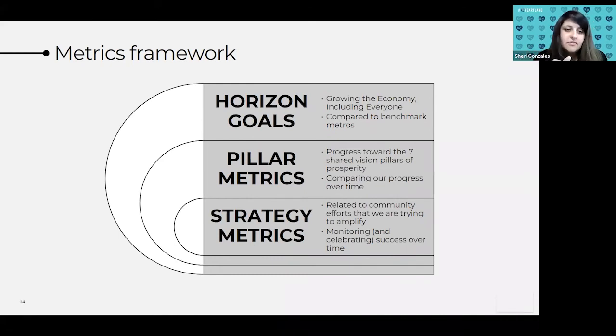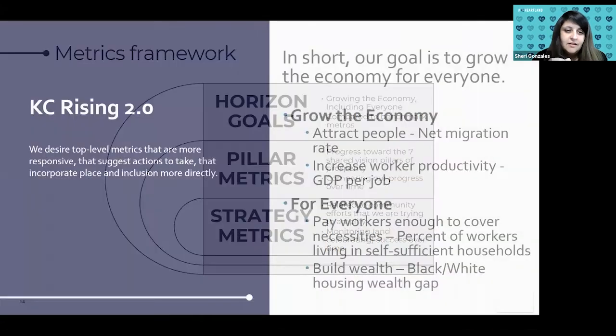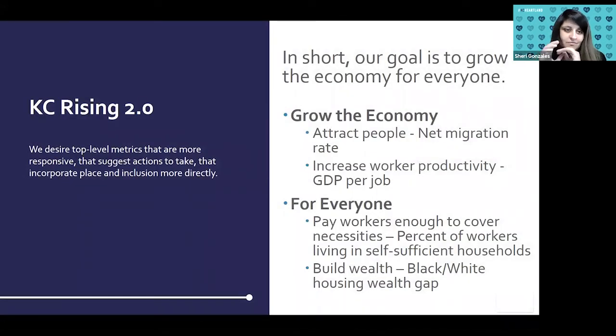So if you go to the next slide, you would see our horizon goals. So we're looking at things like net migration and productivity, or the percent of workers that are in self-sufficient households. That looks at, can you pay your housing, your transportation, your healthcare, and if necessary, your childcare, and then the black-white wealth gap.